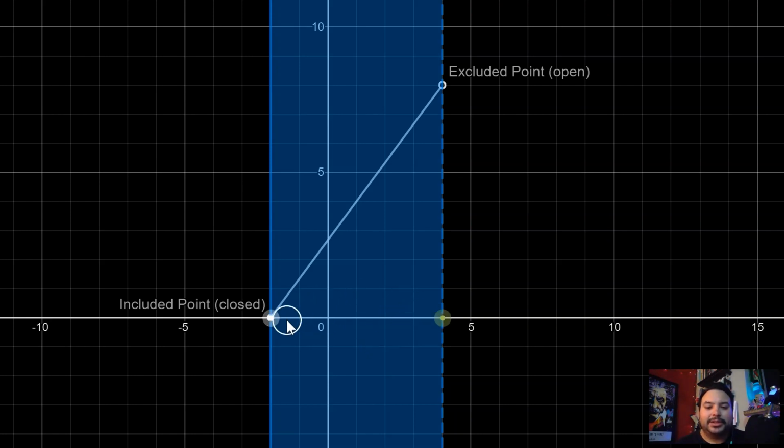We can look at the shaded area and determine that it goes from -2 on the x-axis to 4 on the x-axis. Of course, -2 is included and 4 is excluded. It's not a part of the domain, but it is the boundary point. So now that we can visualize what domain looks like graphically, let's learn how to describe it using different notations.